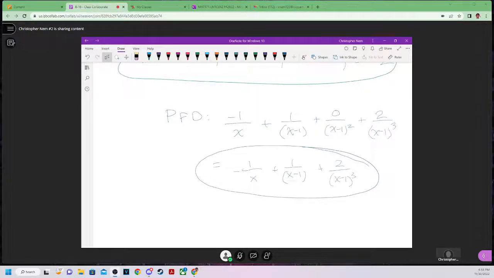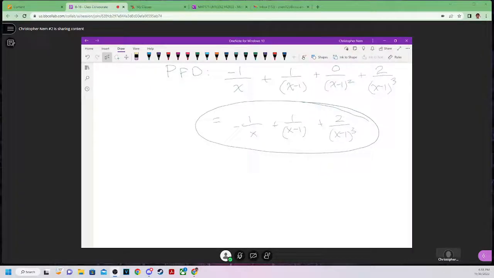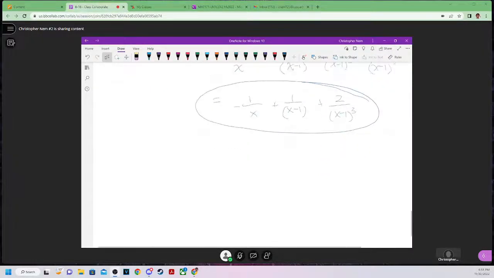This is the reason why listing each of the powers as your denominator, x minus 1 squared and x minus 1 cubed, will give you each possibility. So we're able to find the partial fraction decomposition regardless of whether it's supposed to have x minus 1 squared, x minus 1, or x minus 1 cubed. We can cover all of that just by listing those out. So that's case 2. We've got one last case to talk about.